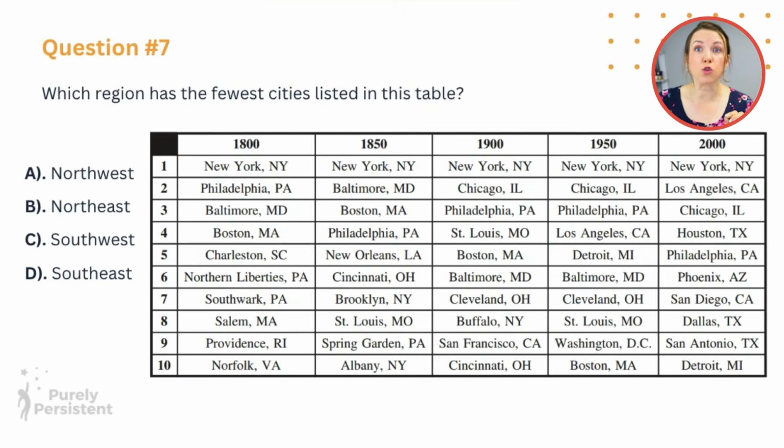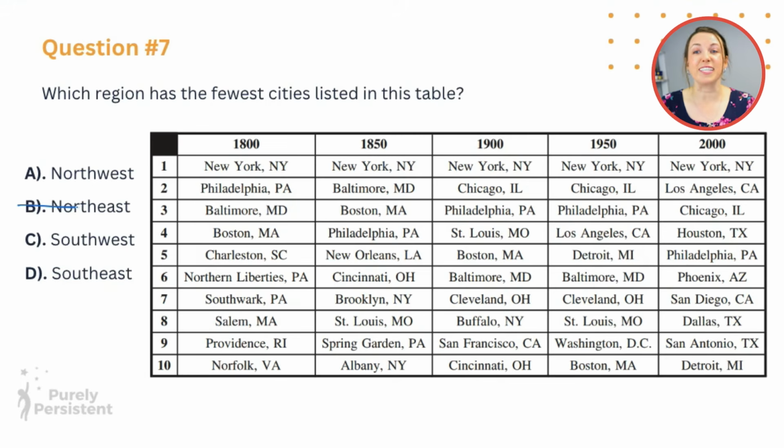Okay, B is the northeast. So there we're looking at New York, Boston. That's definitely prevalent on this list. So B is not it. Then we have our southwest. So that's really going to be looking at your California cities, Arizona, Nevada. Yeah, we've got those on there, right?